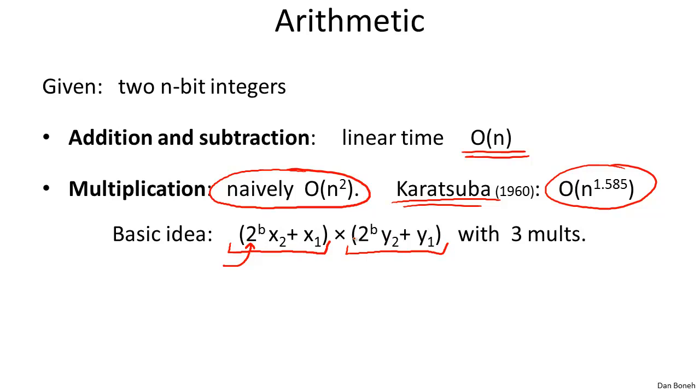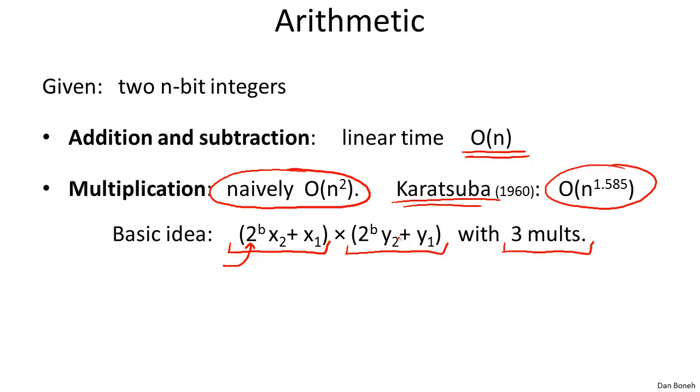Normally, if you try to do this multiplication, when you open up the parentheses, you see that this would require 4 multiplications: x2 times y2, x2 times y1, x1 times y2, and x1 times y1. What Karatsuba realized is that there's a way to do this multiplication of x by y using only 3 multiplications of x1, x2, and y1, y2.